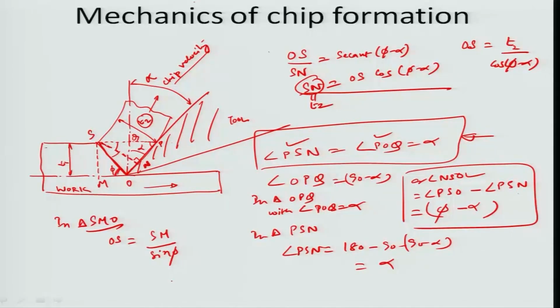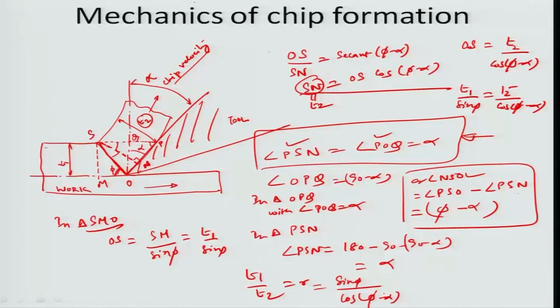So, therefore, this SM by sine of phi would mean T1 by sine phi. Thus, we have the expression T1 by sin phi equal to T2 by cos of phi minus alpha. In other words, T1 by T2, which is a very important component, also known as the chip thickness ratio, is defined as sin phi by cos of phi minus alpha.